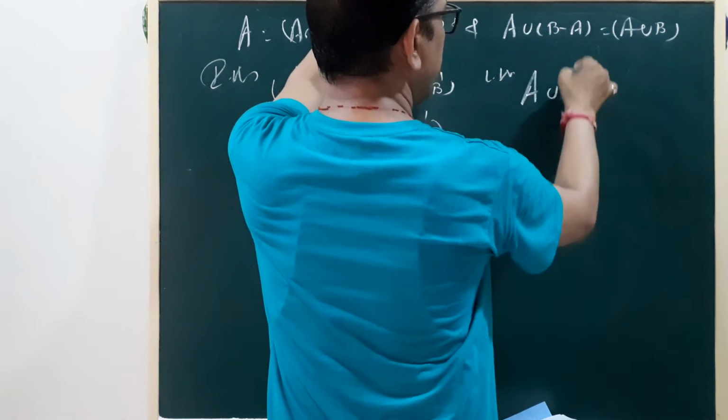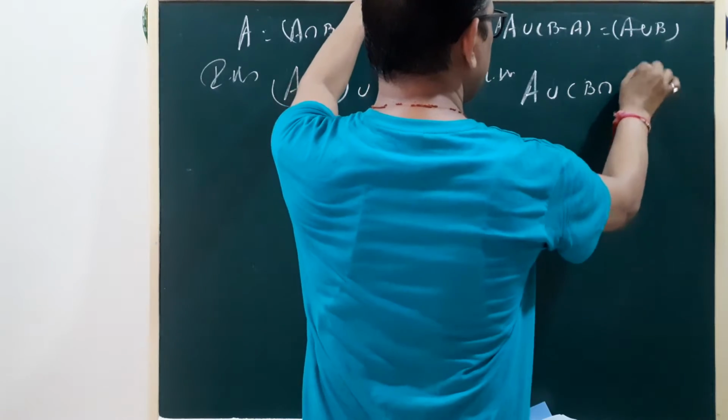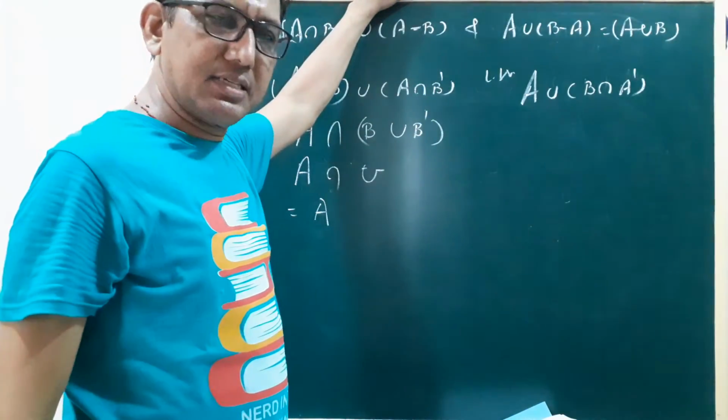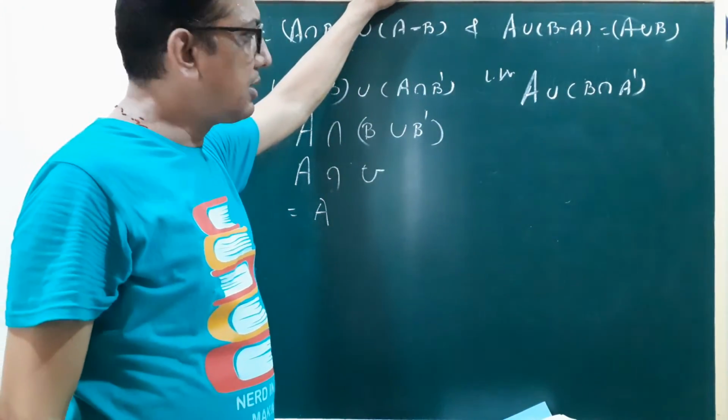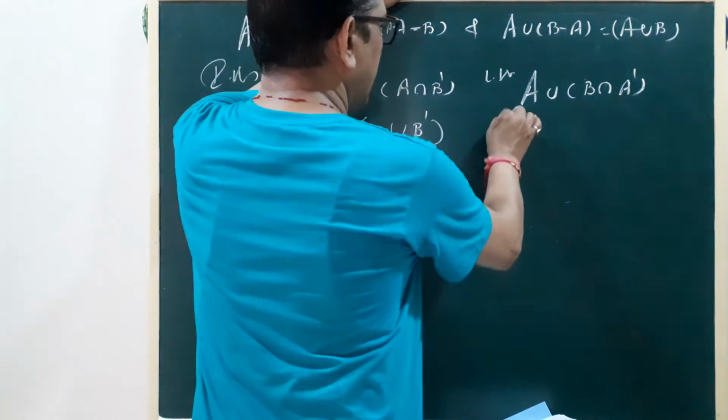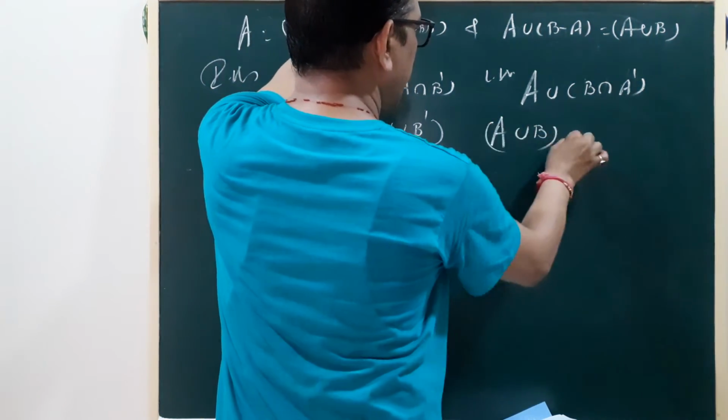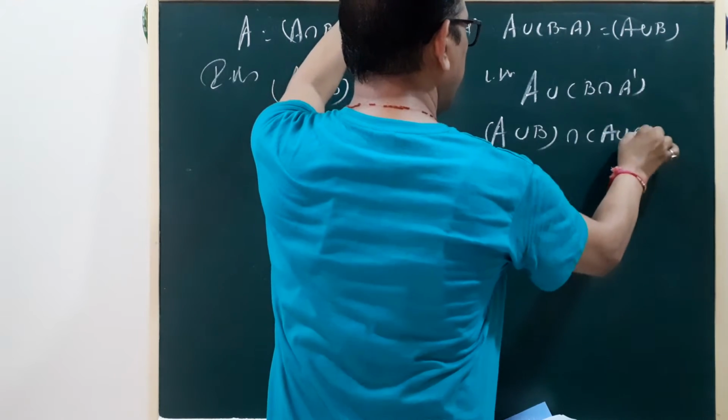Again, this one, LHS. A union B minus A. We write here B intersection A dash, since B minus A equals B intersection A dash. Apply the distributive law. A union B intersection A union A dash.